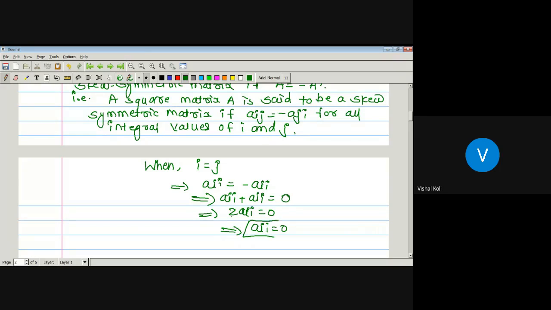But the Aii are the elements of the diagonal line. It means each and every element on the diagonal of a skew symmetric matrix must be 0.